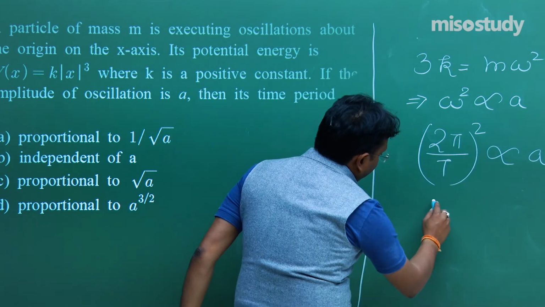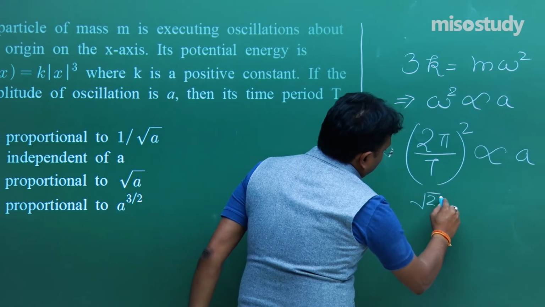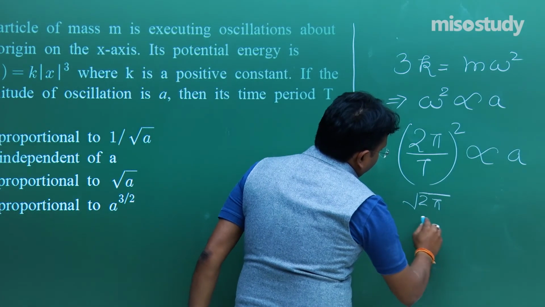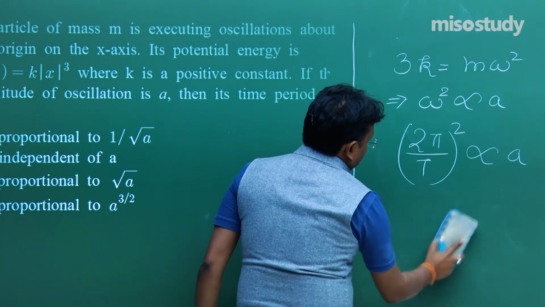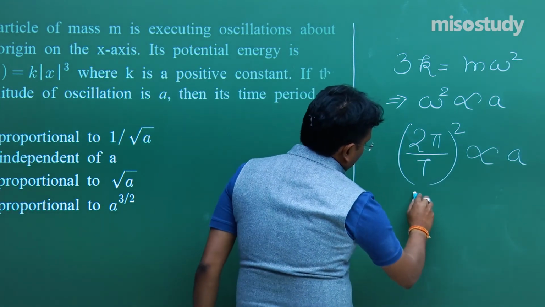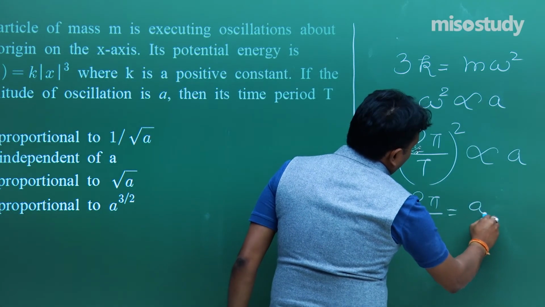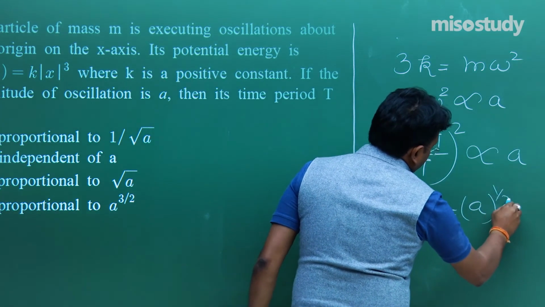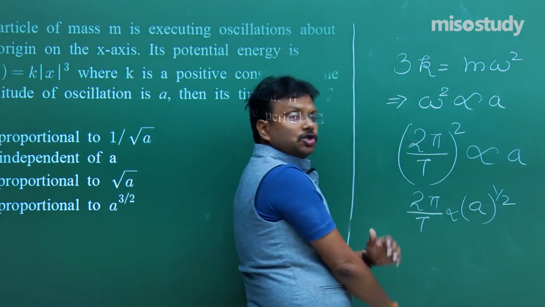How? Okay. So 2 pi upon t is equal to a whole to the power 1 by 2, not is equal to, proportional to.